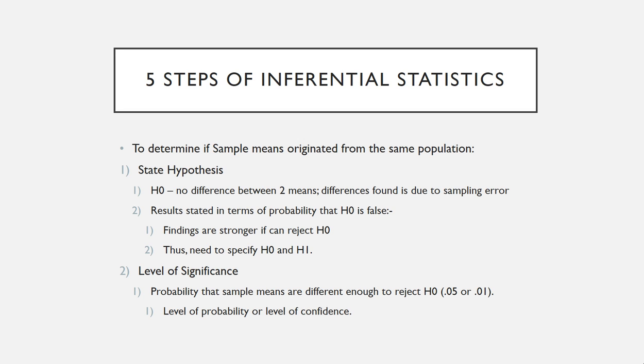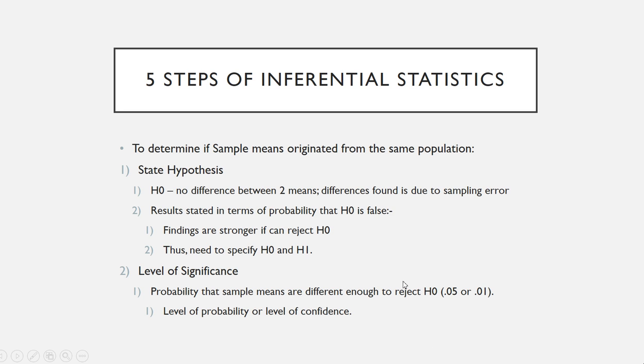Results are stated in terms of the probability that H0 is false; findings are stronger if you can reject H0. This needs you to specify H0 and H1. The probability that sample means are different enough to reject H0 is 0.05 or 0.1, basically the level of probability or level of confidence.